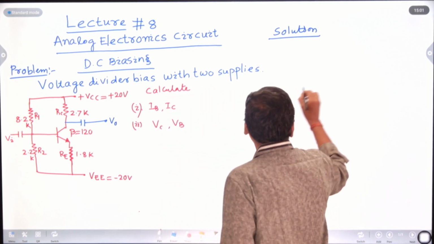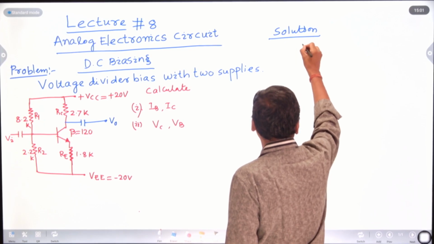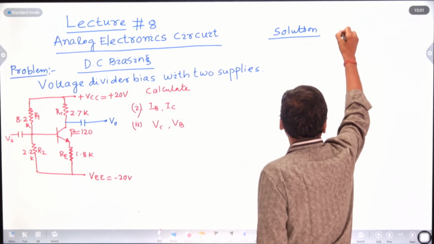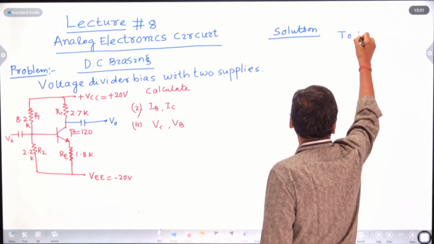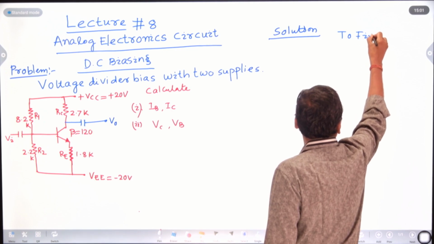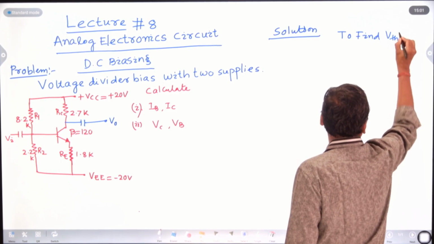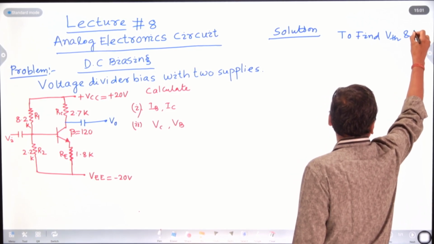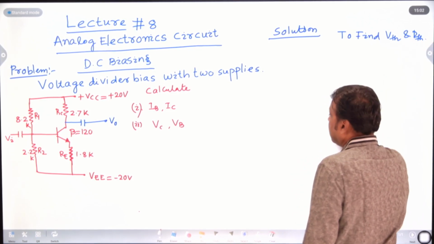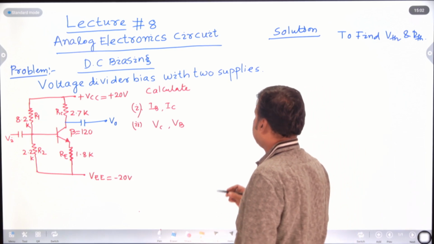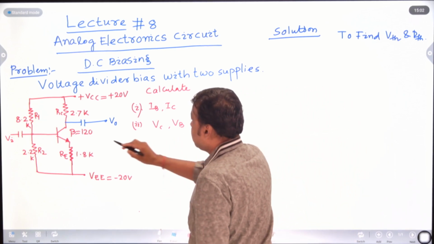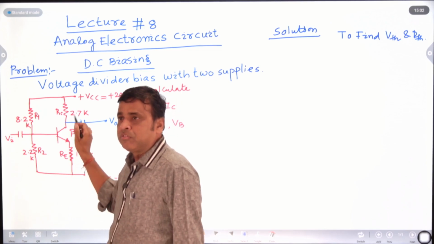So what will we do to find VTH and RTH, Thevenin's voltage and Thevenin's resistance? For RTH, the DC sources should be short circuited.